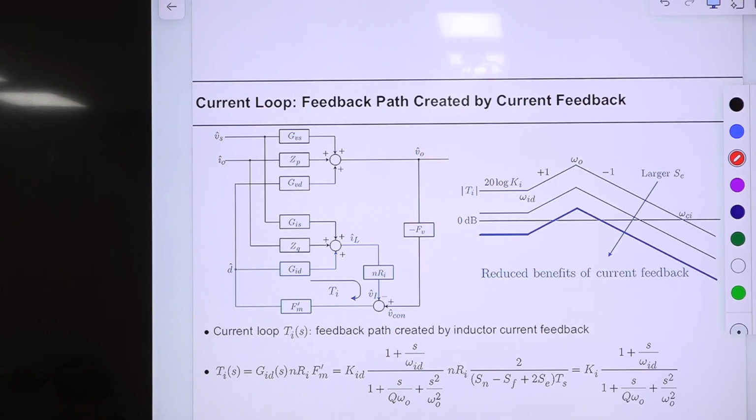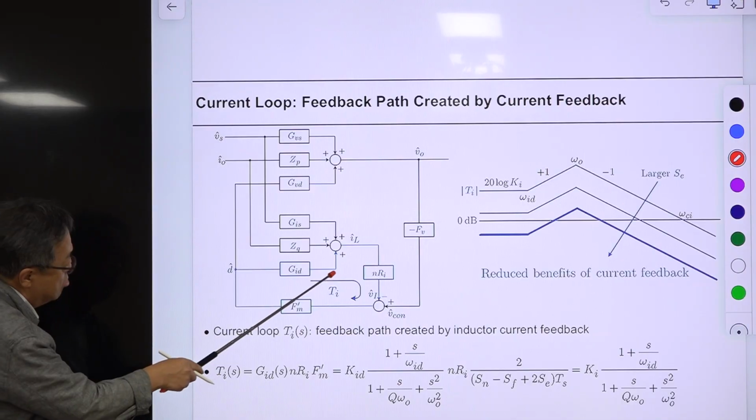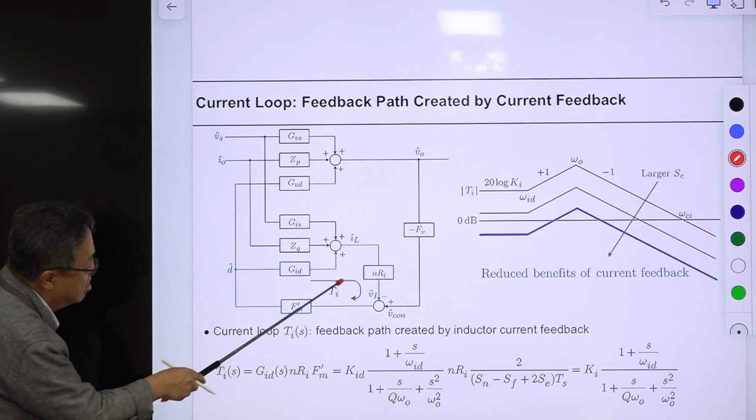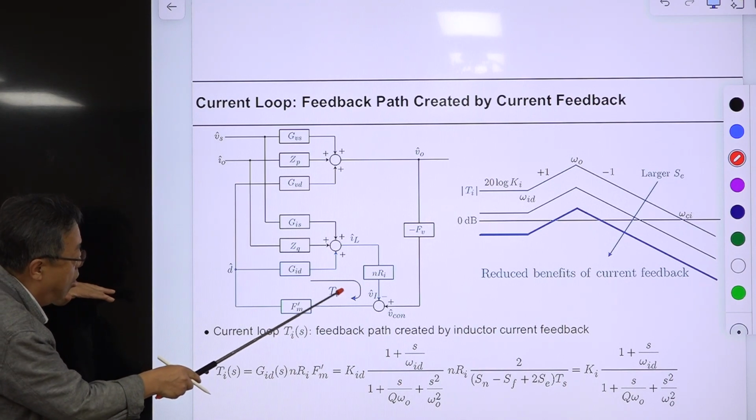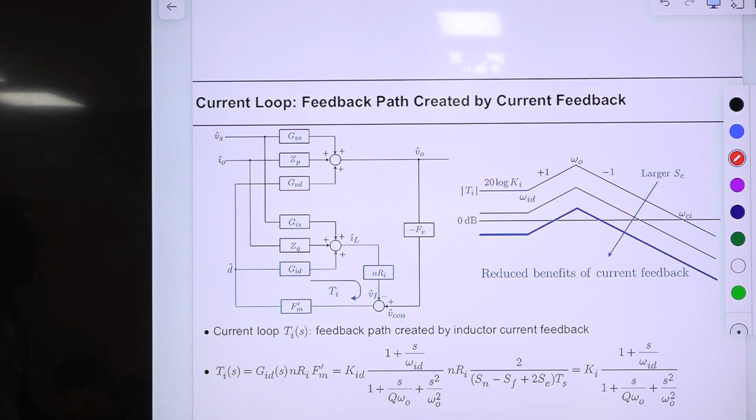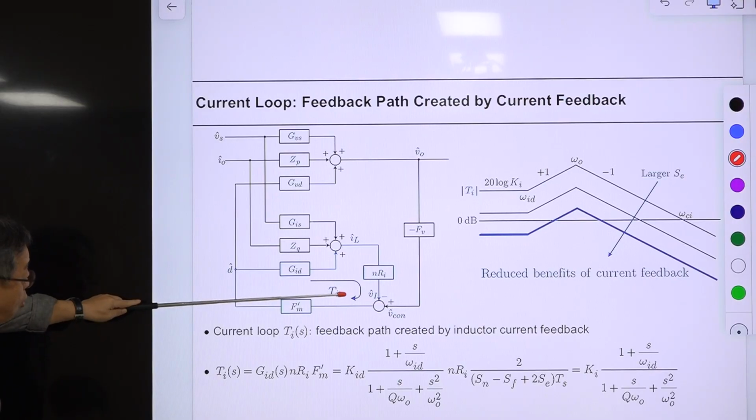So first is the current loop design. You are trying to shape the structure of this TI. TI is the multiplication of three transfer functions. We are only considering this current path.